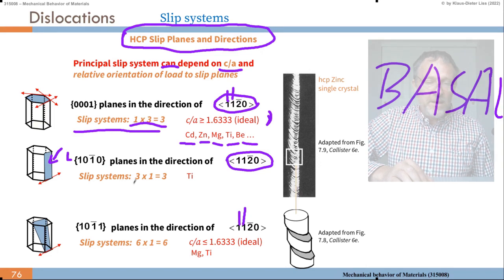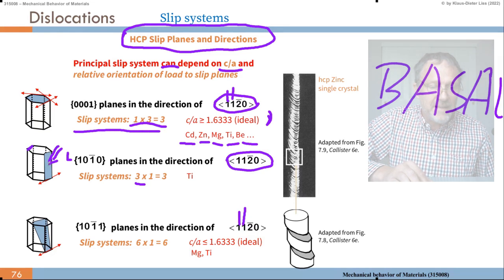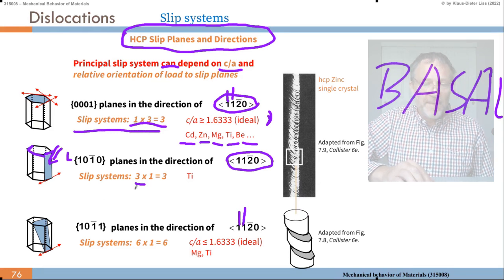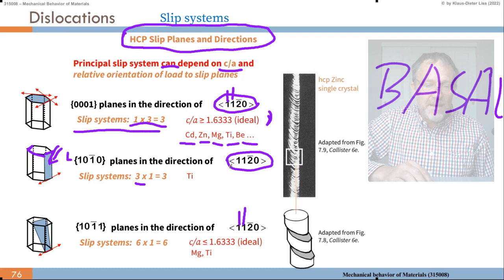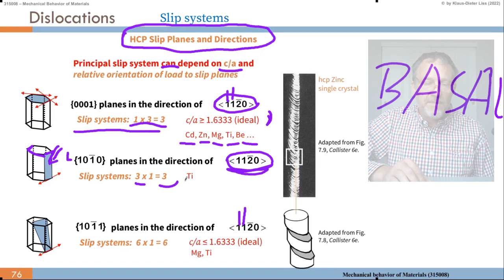Yeah, so if we look now, how many of this kind of planes do we have? We have 3 planes which are independent. Here on the back side, this is the same as on the front side. So it's 3 independent, the one here, the second here, and the third there. So 3 planes times 1 slip direction gives you 3 possibilities.